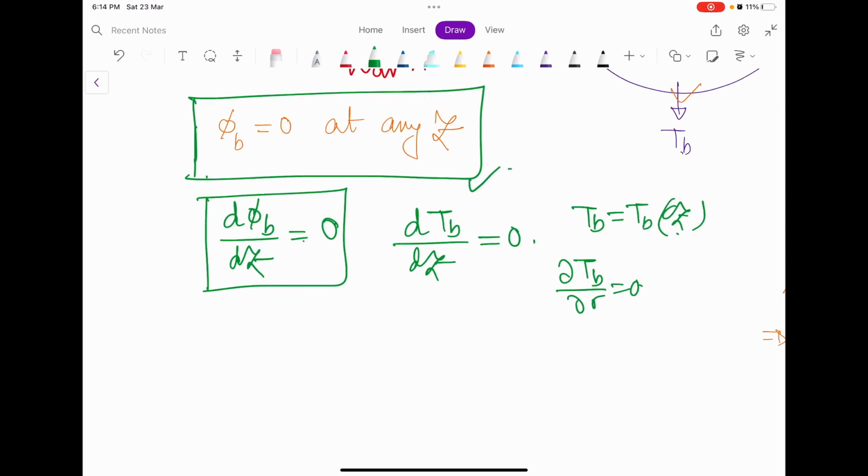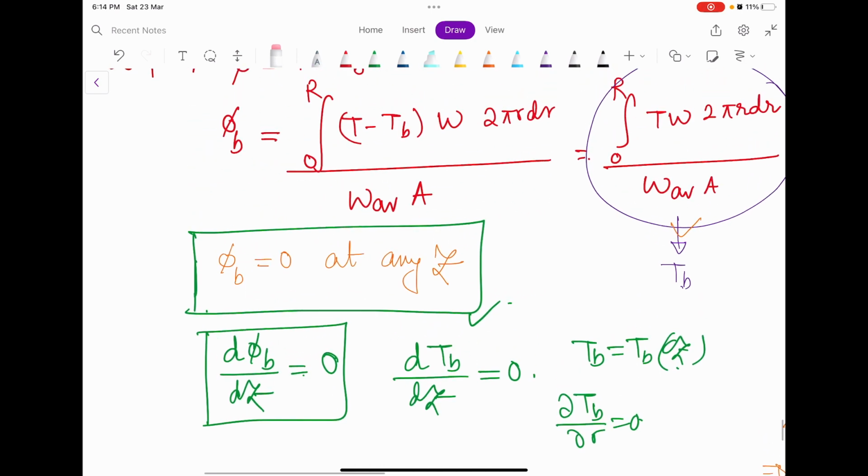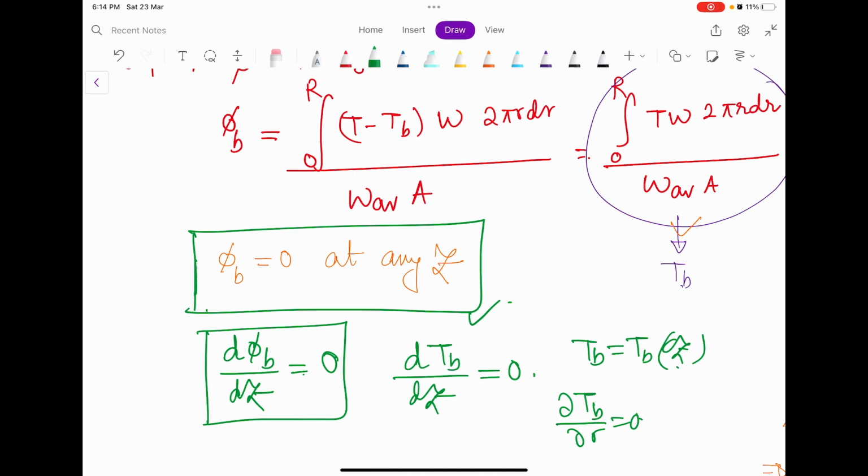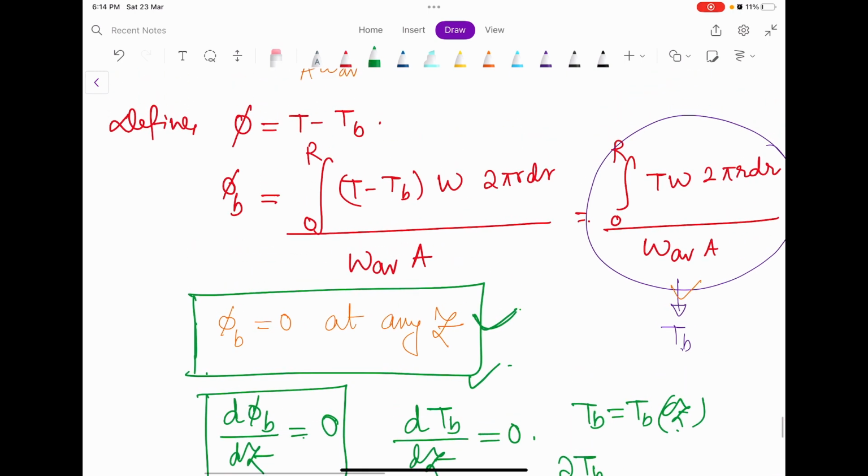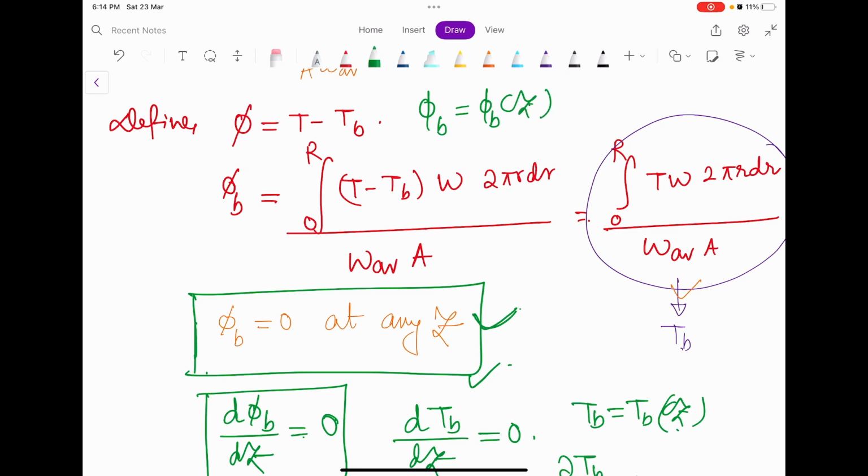Before saying that phi b equal to 0 at any z, I already had the fact that phi b is only a function of z and not a function of r.